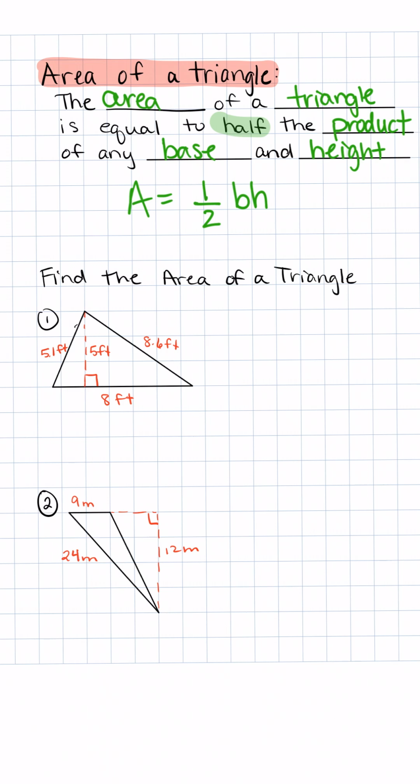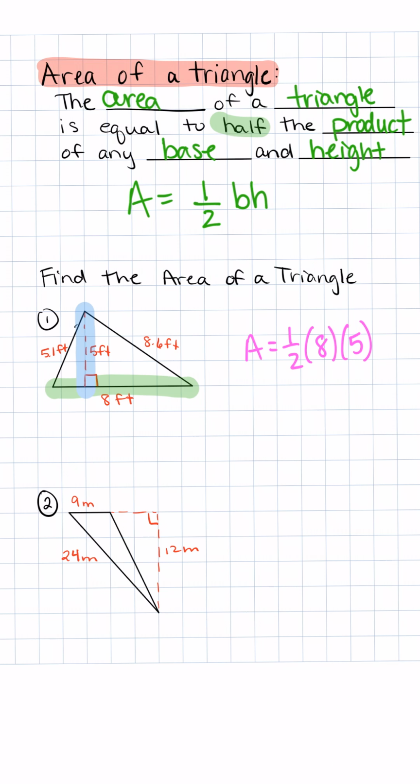So let's find the area of this triangle. So first we want to identify the base. Let's go with this. And then the height. Okay, so even though they gave us those other numbers, we really don't need them. So our equation's going to be area equals 1/2 times 8 times 5.